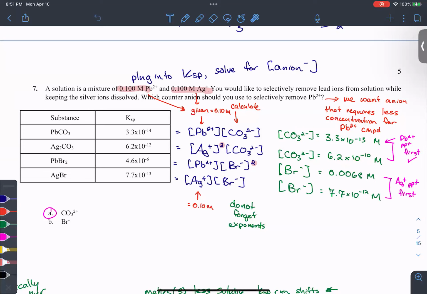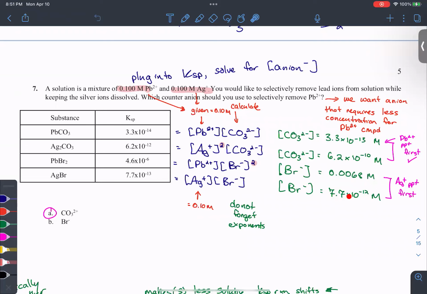But for completeness, let's look at the next set. If you look at bromide concentrations, lead bromide's not going to precipitate out until the bromide concentration is 0.006 or 0.007, so ×10⁻3. While silver is going to precipitate out when the bromide concentration is ×10⁻12.